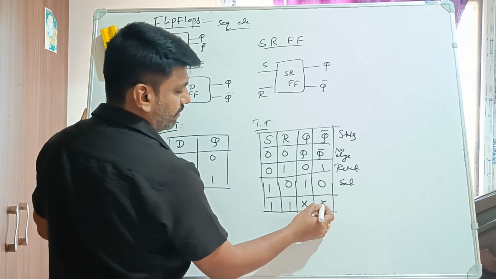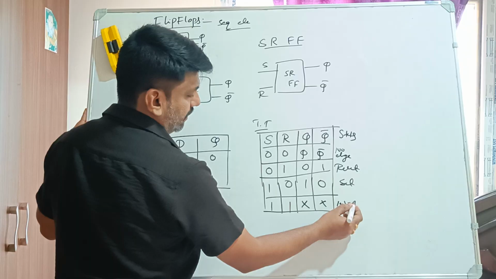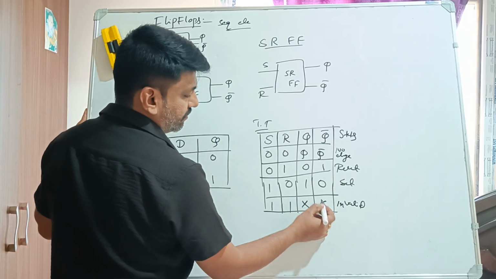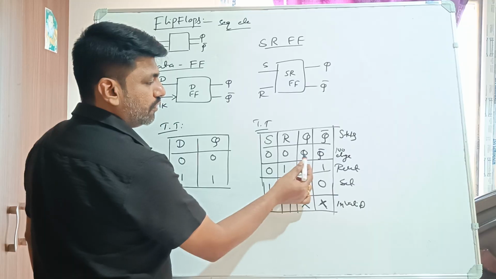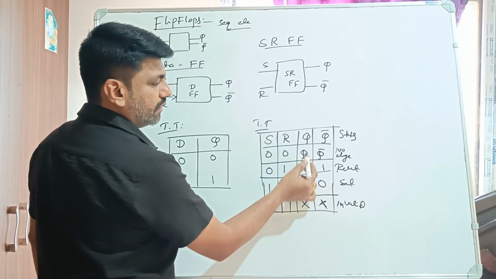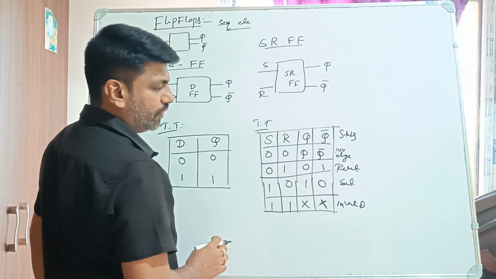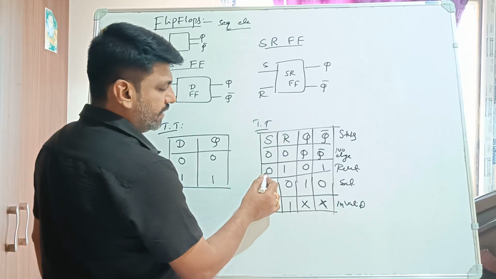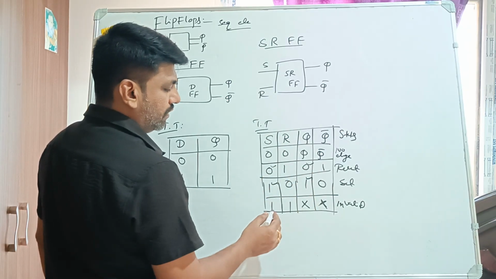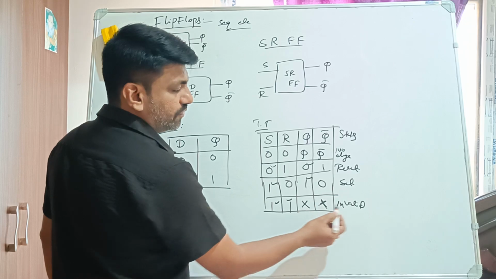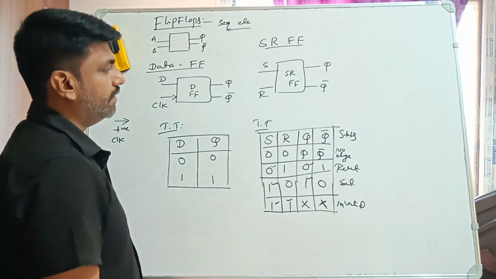So this can be written as invalid. For invalid, we write the don't care symbol or this multiplication symbol, right? When both inputs are 0, whatever the output is, Q bar similarly remains. When S is 0, Q is 0. When S is 1, Q is 1. So when both are 1 1, it is invalid, right? So it can't be determined, right?